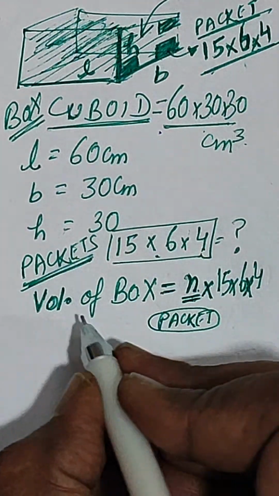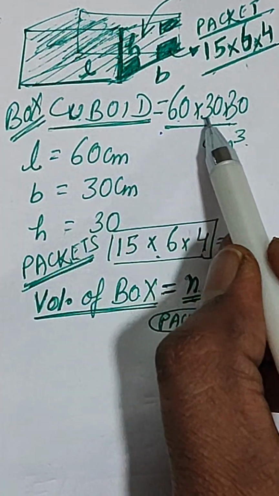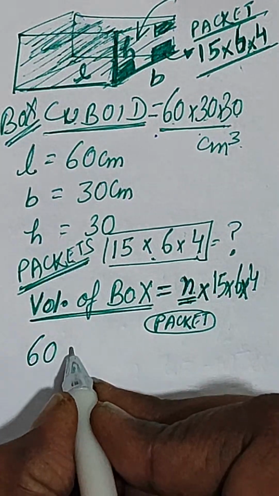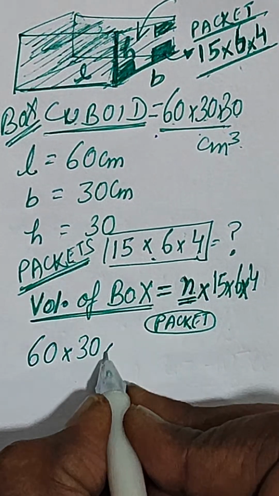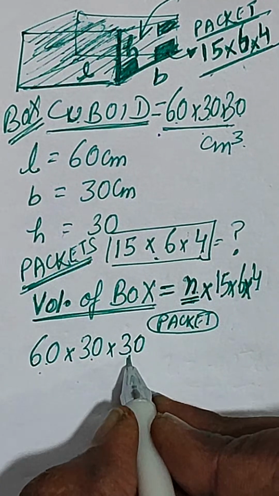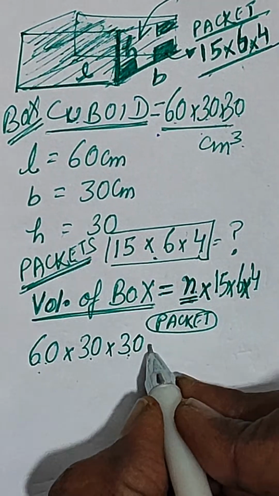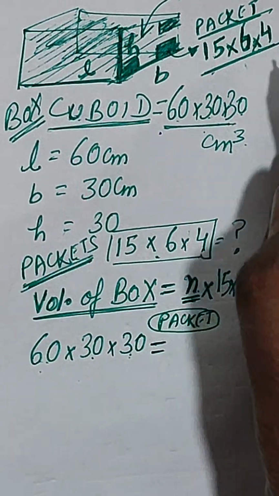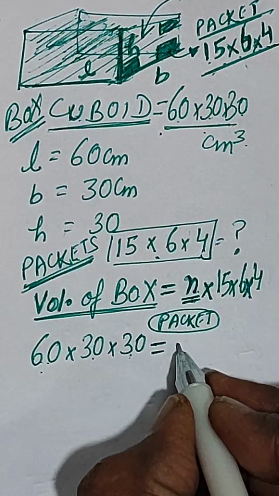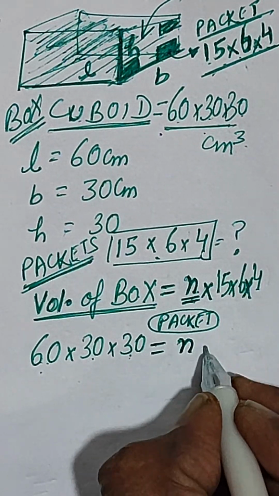So the volume of this entire box is 60 by 30 by 30 centimeter cube. This is the volume, L into B into H, of a cuboid. This entire volume will be occupied by packets of size 15 into 6 into 4, and not only one packet but n such packets.